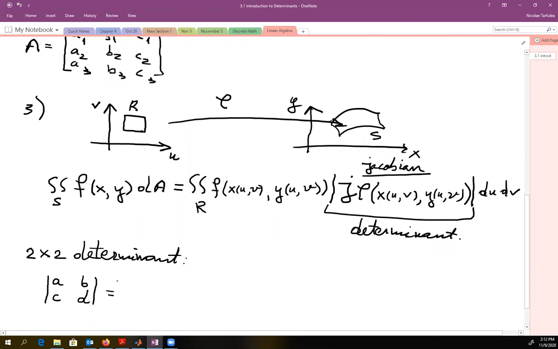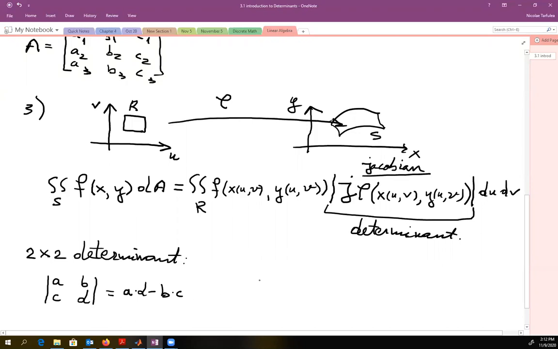What's the 2 by 2 determinant here then? Do you remember this? A times D, that's correct, minus B times C, or C times B, same thing. So it's the product of the elements on the main diagonal minus the product of the entries of the secondary diagonal.